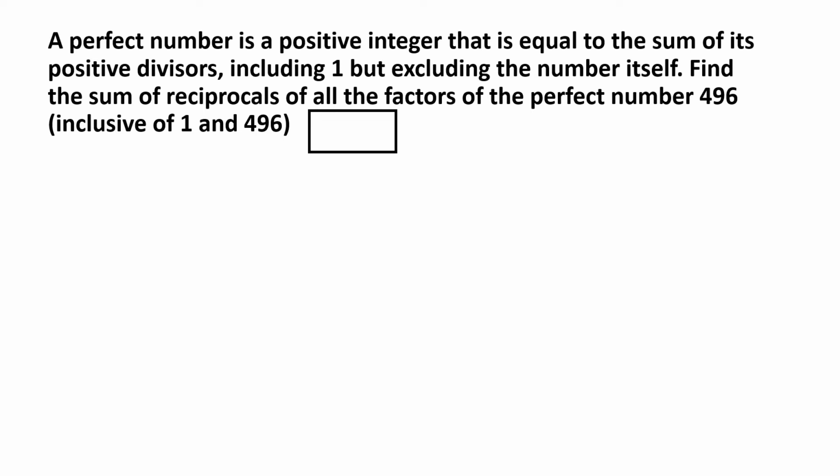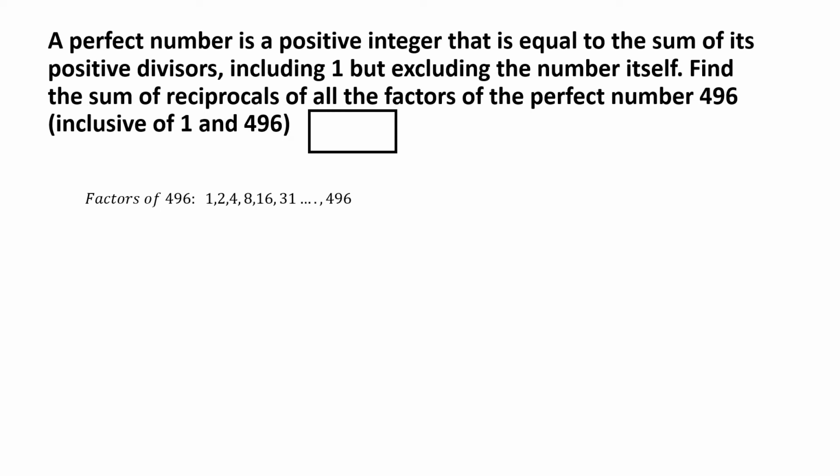So we start by trying to get a sense of what the factors of 496 are. And here we are including 1, then 2 is an obvious factor, it's an even number, 4 is a factor, 8 is a factor, 16 is a factor.